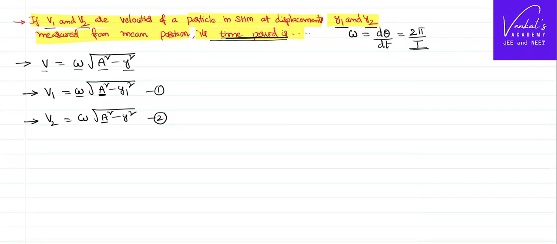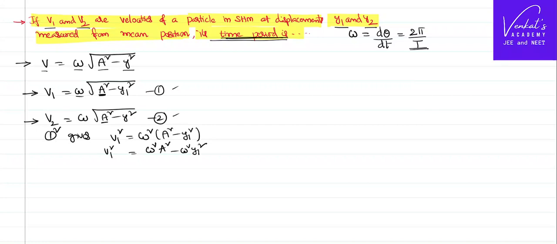So from equations 1 and 2, I will find out a simply by squaring the equation. Squaring equation 1 gives v1 square equal to omega square into a square minus y1 square, so v1 square equals omega square a square minus omega square y1 square.